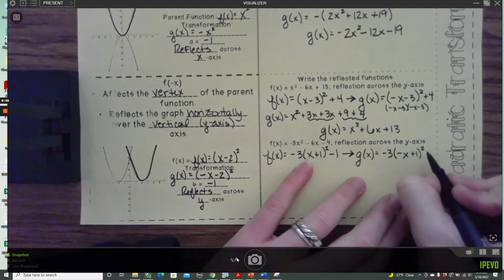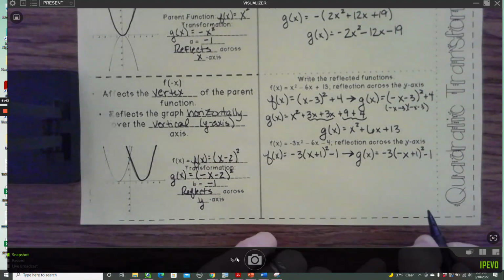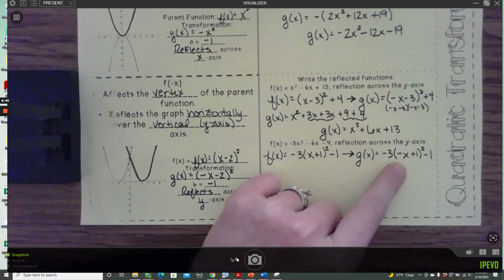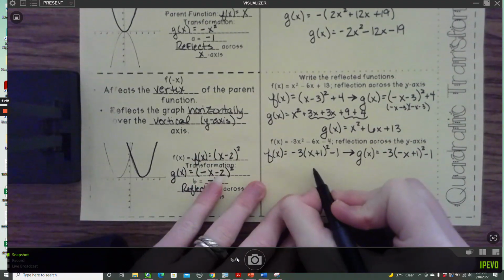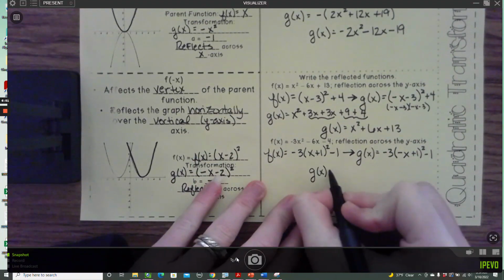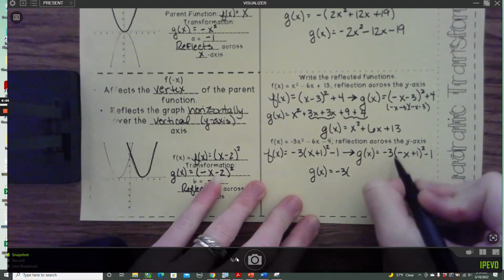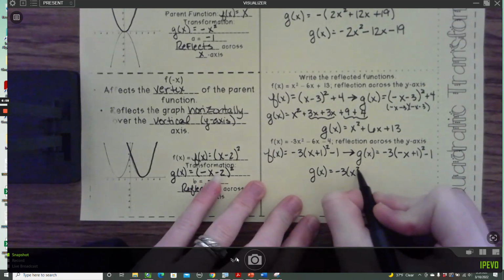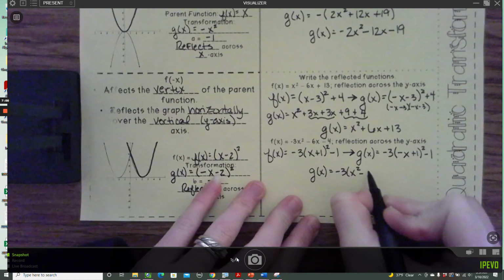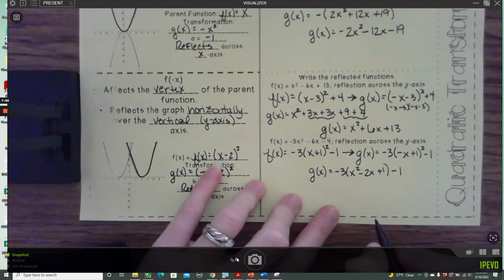Plus 1 squared minus 1. So I'm going to skip working this out like I did here and just write it. So g of x would be negative 3. If I square this, negative x plus 1, I get x squared minus 2x plus 1, and then we still have this minus 1.